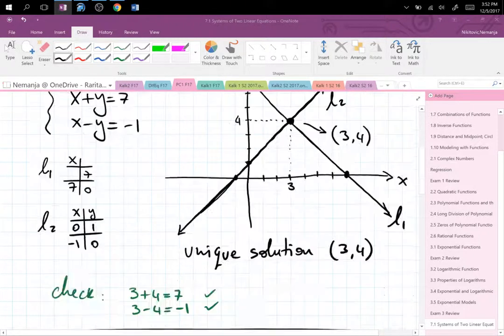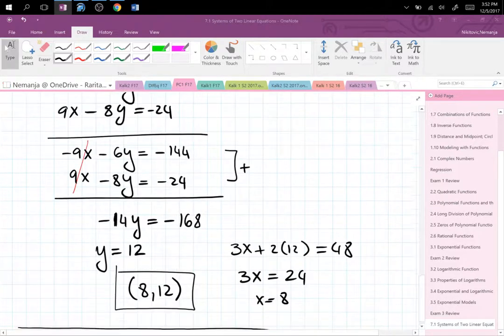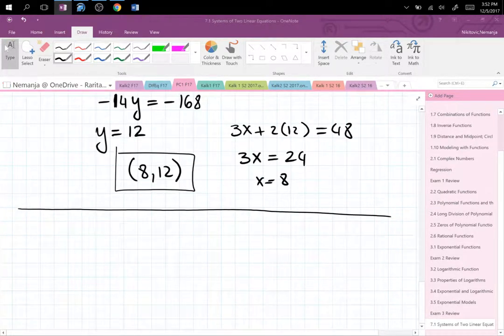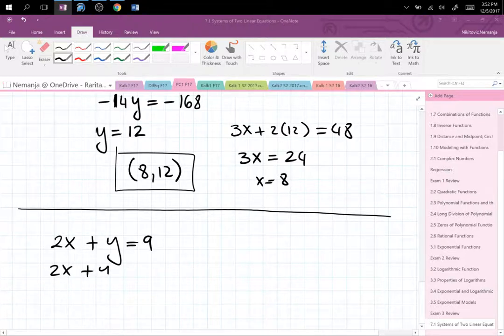So you can quickly spot problems that have no solution or infinitely many solutions by simply looking if the two equations given to you have the same slope or not. So if I give you, let's say, example 2x plus y is equal to 9 and 2x plus y is equal to 8. Well, this system has no solution.